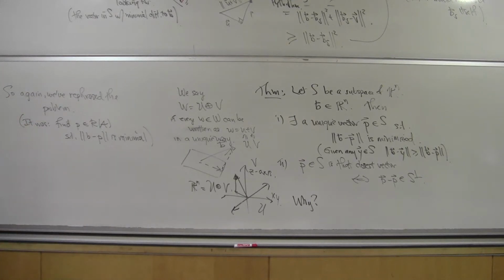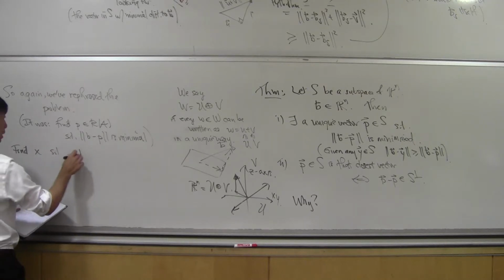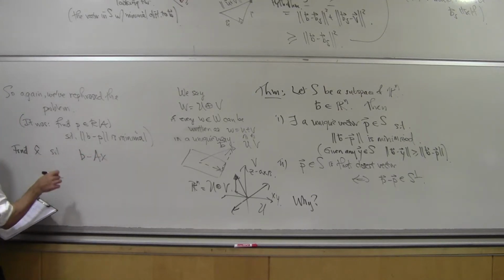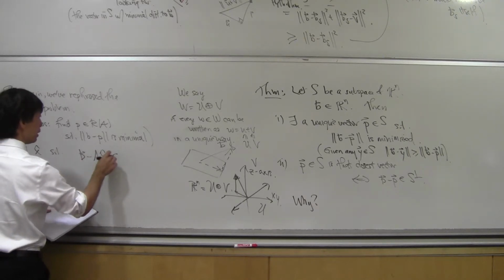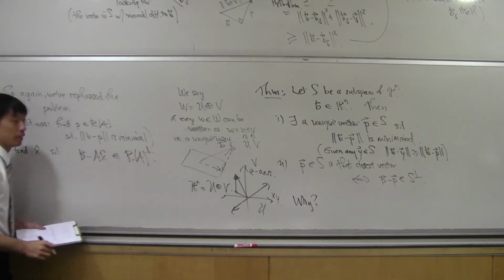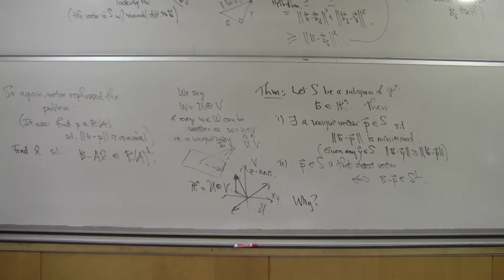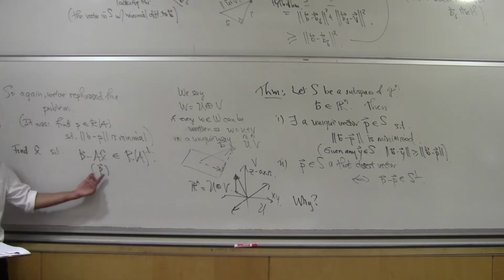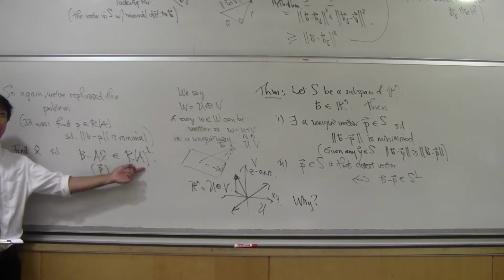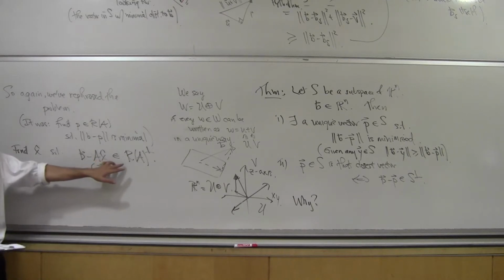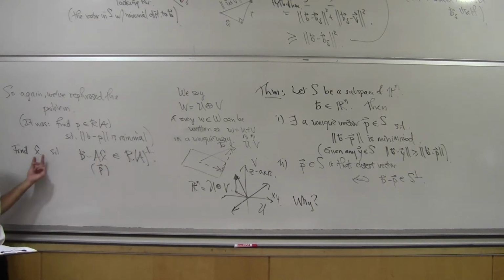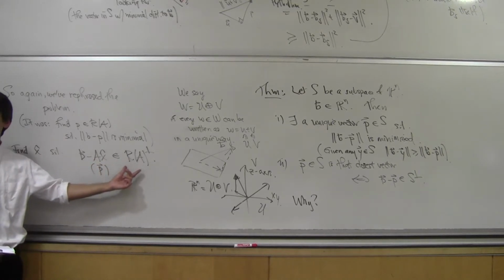And now we're saying that the problem is: find X hat such that B minus AX hat is perpendicular to the range of A. This is your P. Find P such that B minus P is perpendicular to the range of A. Thanks to our theorem, our problem is now this problem: find an X hat such that B minus AX hat is perpendicular to the subspace.